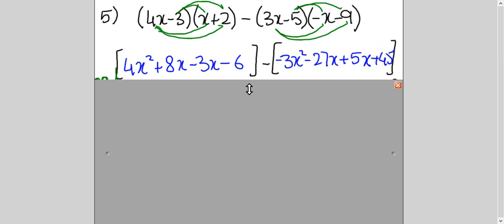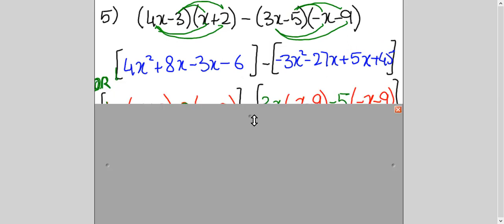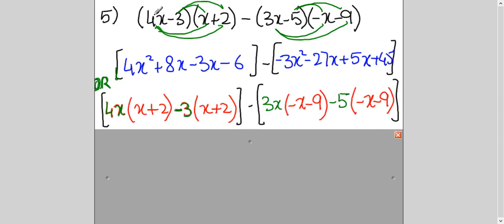Okay. And then, by the way, if you don't want to do this directly like I'm doing it here, what you can do, you can show that this 4x is multiplying by this. Write it separately. This minus 3 is multiplied by this term like this. Similarly, minus and bracket, show 3x multiplied by this term.